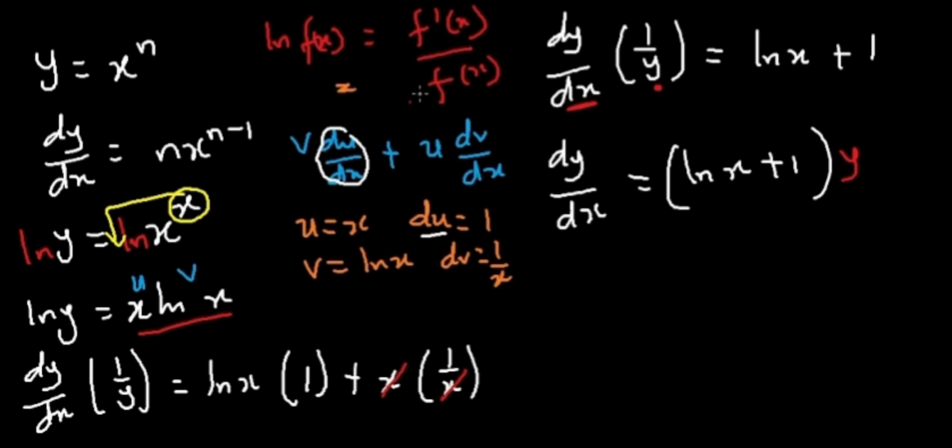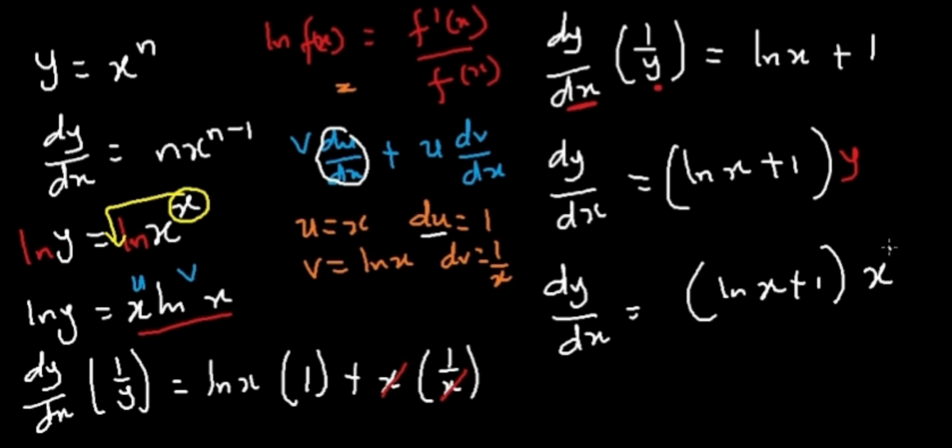Don't forget from our question, our y is giving us x raised to the power x. Therefore, dy over dx will now be ln of x plus 1 times x raised to the power x.